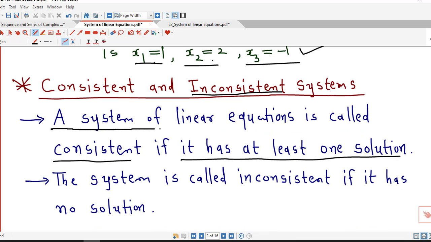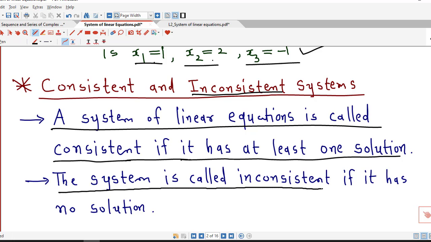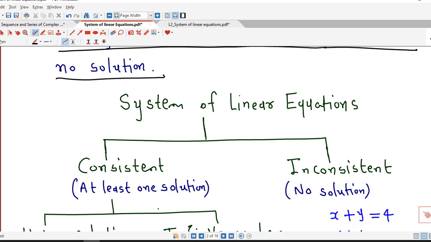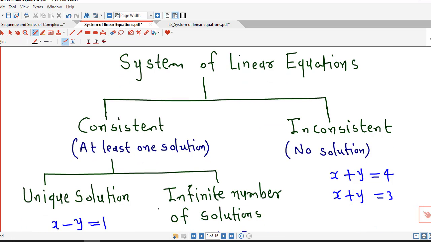So a system of linear equations is called consistent if it has at least one solution, and inconsistent if it has no solution.